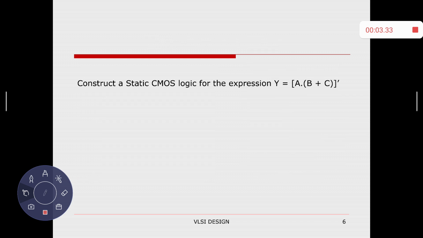For example, let me take the expression y equal to the complement of a dot b plus c. We are in a position to implement this combinational logic circuit using static CMOS logic. The expression is a combination of both series and parallel connections.